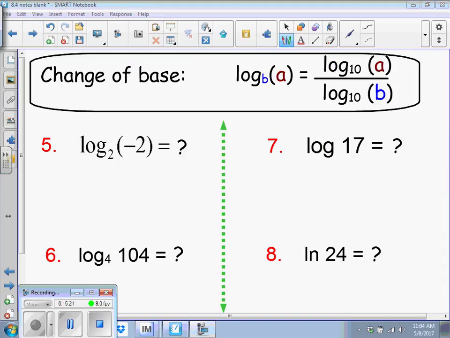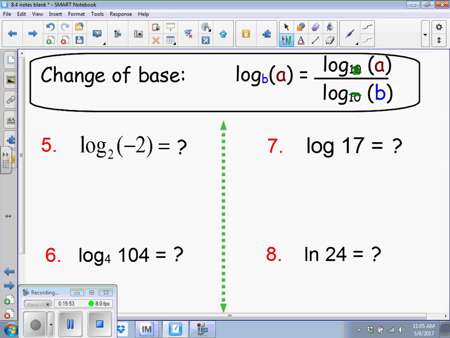So this is called the change of base formula. Oh, it's not really a formula, but change of base formula. So let's say you have log base B of A. B can be any number, and A can be any number. We can rewrite that using common logs. What you do is you say the log of A divided by the log of B. It's the common log of A divided by the common log of B. So you won't have this 10.